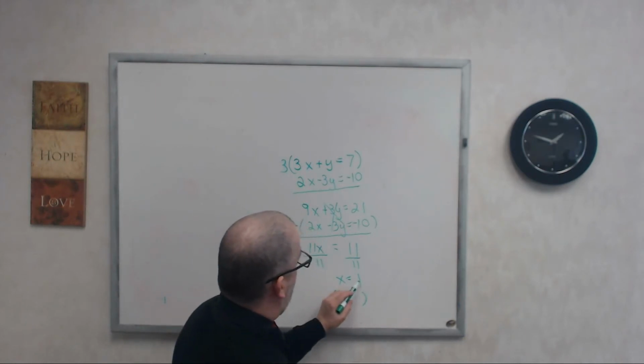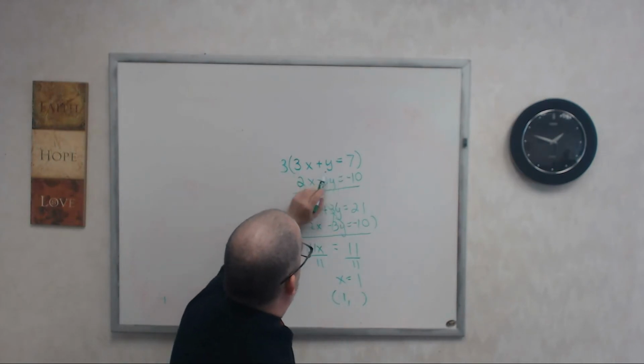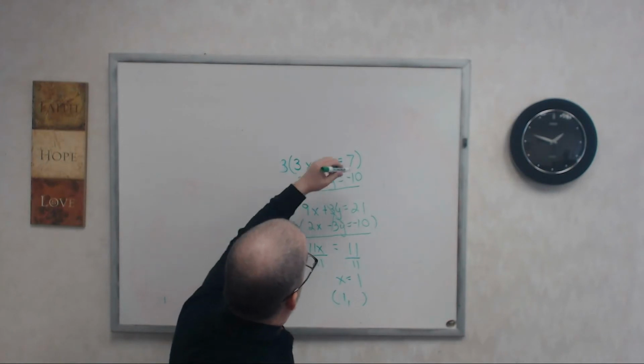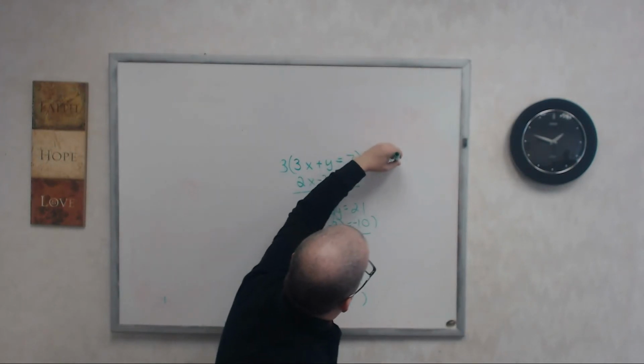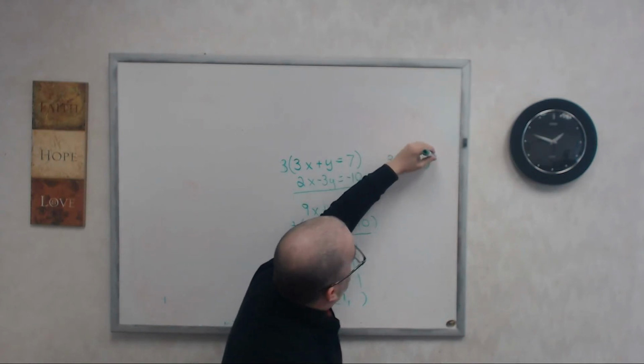We're going to take that 1, like we did last time, and plug it into one of our equations. Again, I'm going to go with the one that has all positives. You could do either one, and the other equation we'll use to check it afterward. So take that 1 for the x and plug it into this equation. It's going to be 3 times the 1 plus y is equal to 7.